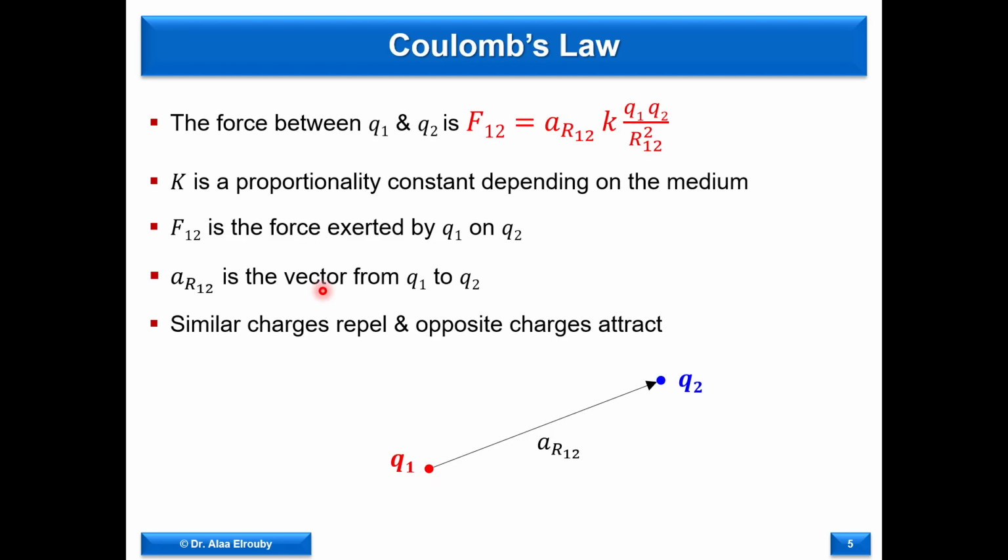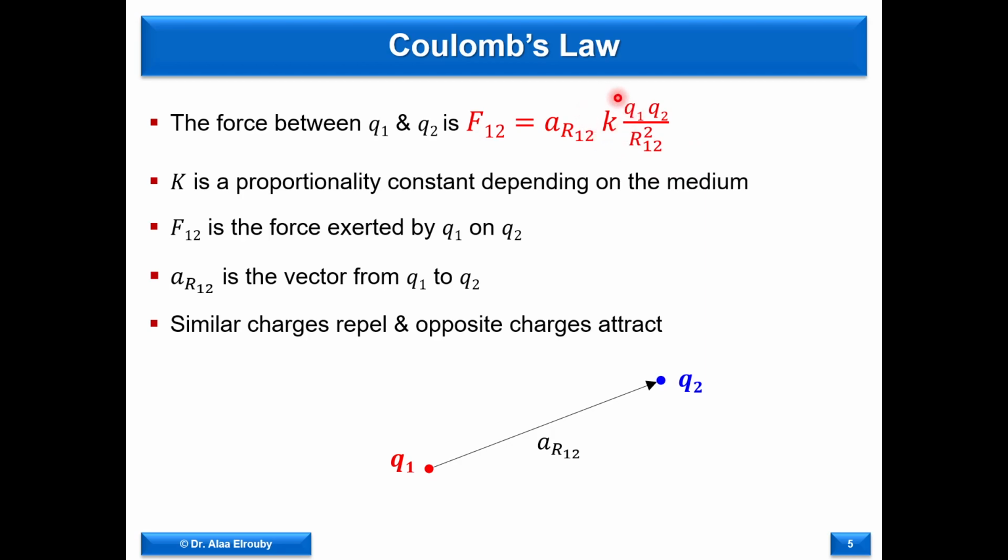Then he observed the direction and put his observation into a mathematical expression, which is Coulomb's law of force. The law states his observation that the force between two charged objects is proportional to the amount of charge on each of them, and inversely proportional to the square of the distance between them.